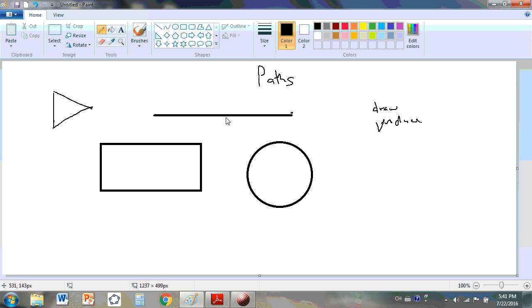So when you think of a line, it's really the shortest path between two points. Okay, you can have many paths between two points.